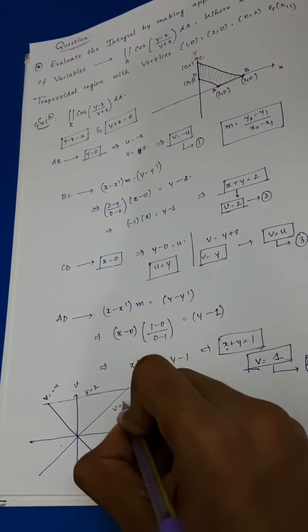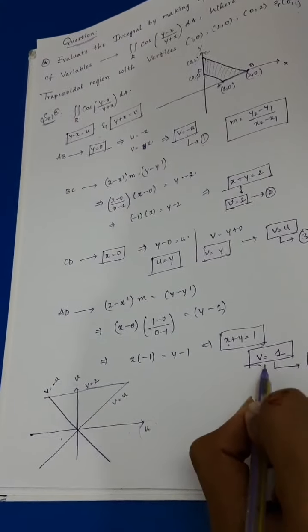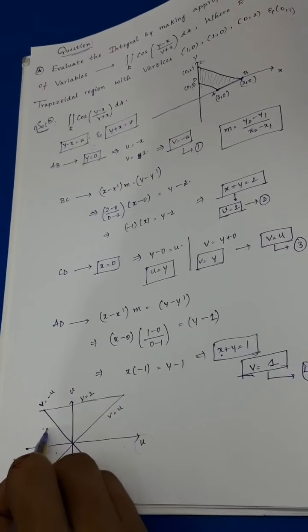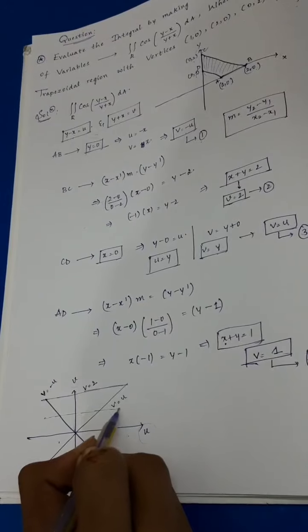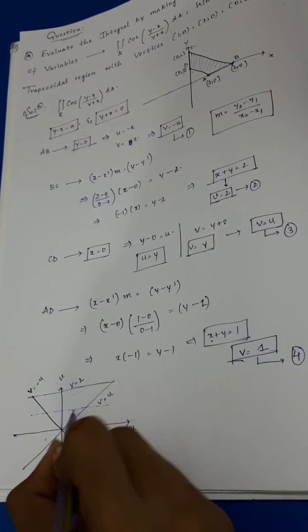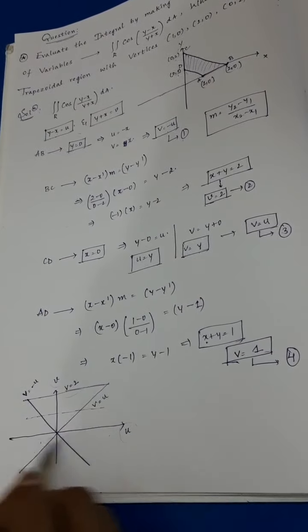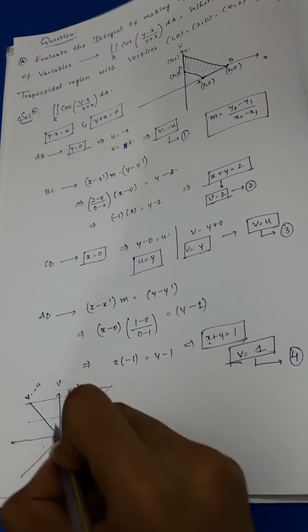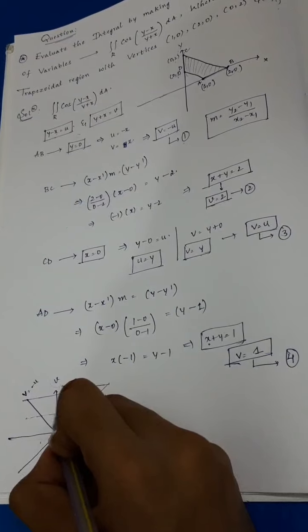This is v is equal to u. And the fourth line equation is v is equal to 1, which would be passing like this. Similar to v is equal to 2, v is equal to 1 also passes parallel to the u-axis, but it passes 1 unit away from the origin.